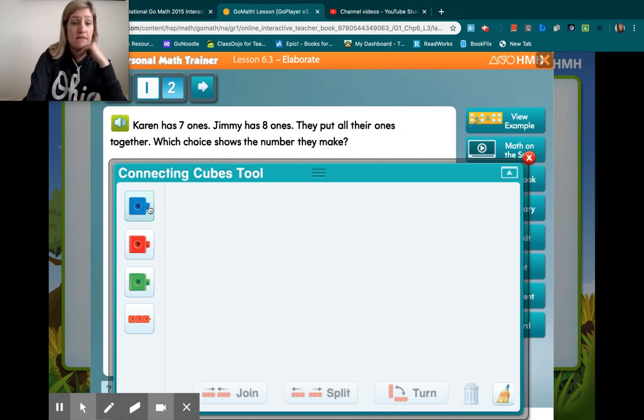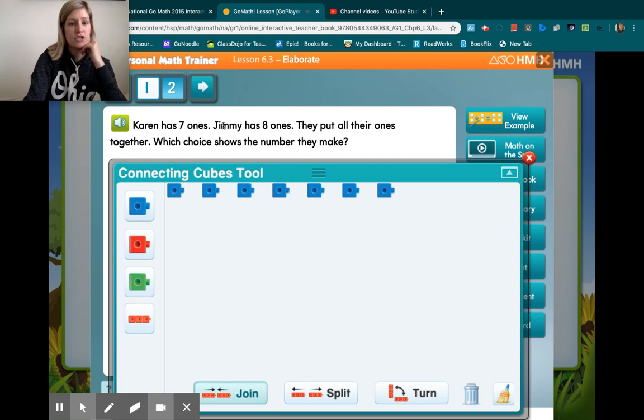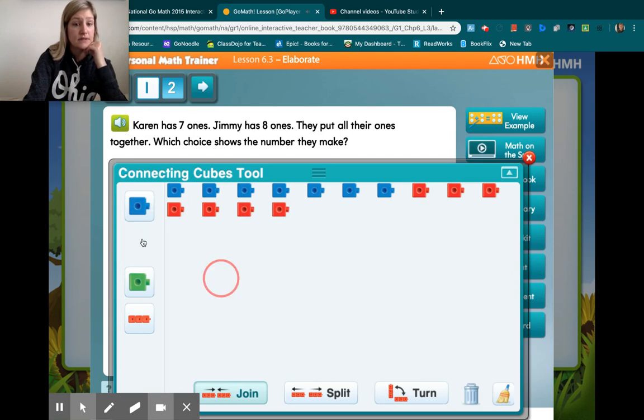So Karen has 7 ones. So 1, 2, 3, 4, 5, 6, 7. Jimmy has 8 ones. So since it's a different person, I'm going to use a different color. 1, 2, 3, 4, 5, 6, 7, 8.